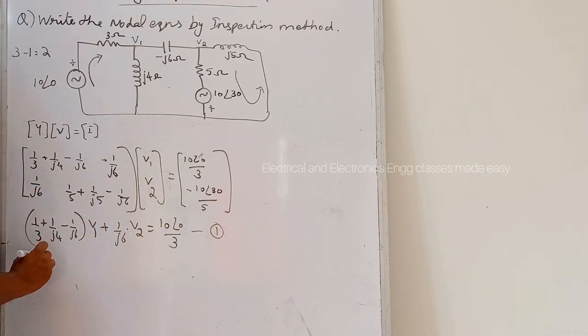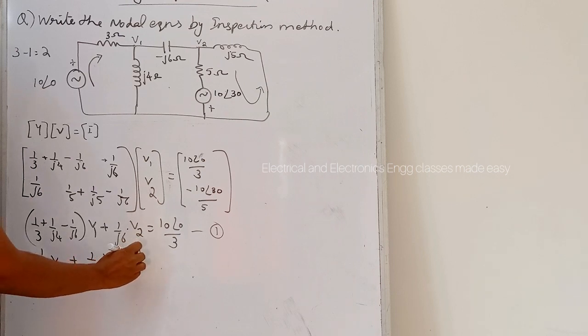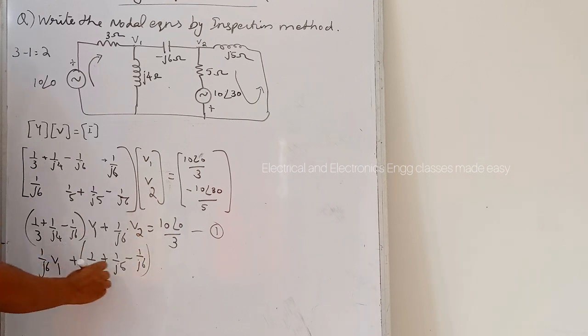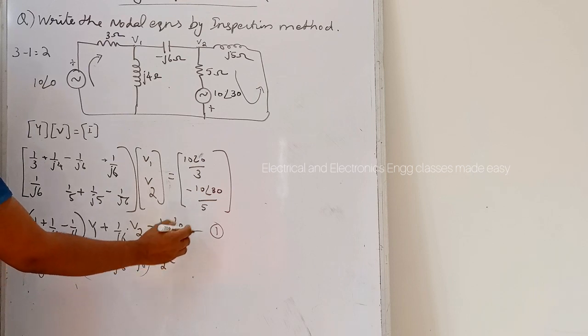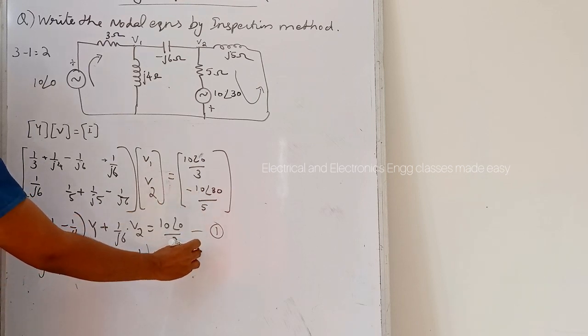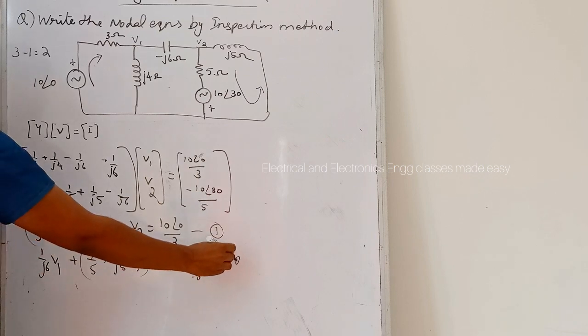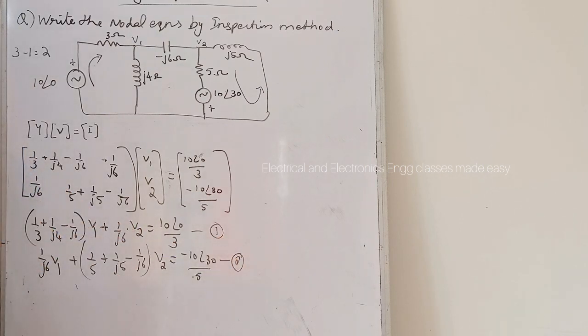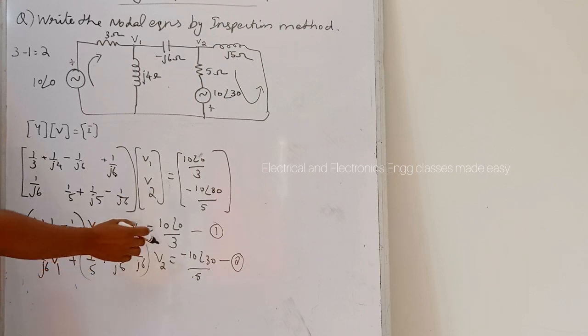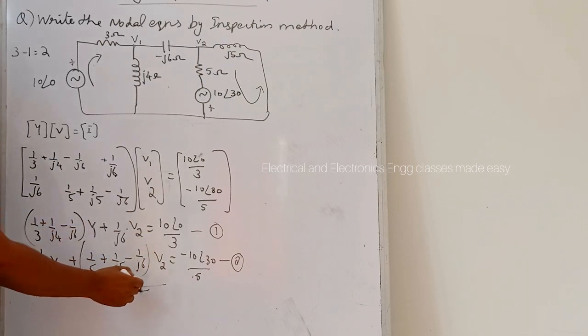Then the second one is 1 by j6 into V1 plus (1 by 5 plus 1 by j5 minus 1 by j6) into V2 is equal to minus 10 angle 30 divided by 5. So this is the second nodal equation. So these two are the nodal equations.